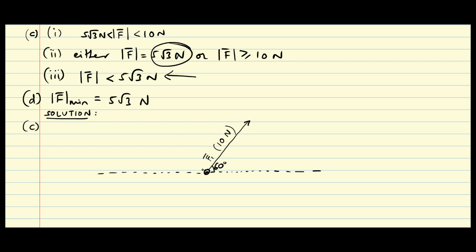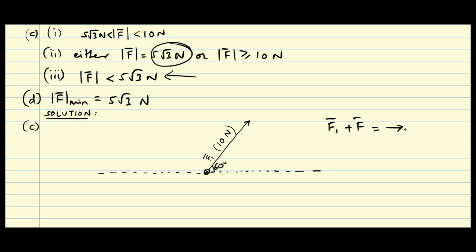So we start by drawing the particle P and the force F1 bar. It's 10 newtons in magnitude and the direction is 60 degrees above the rightward horizontal. Now if you want to draw F bar in such a way that the addition of F1 bar and F bar is to be rightward, remember, that's the condition for the particle's acceleration to be rightwards.